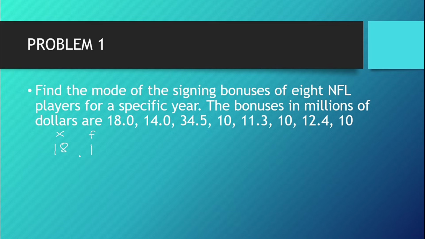So next is 14, the frequency is 1, and 34.5, the frequency is 1, and 10, the frequency is 1, 2, and 3, and we have 11.3, only 1, and 12.4, only 1.